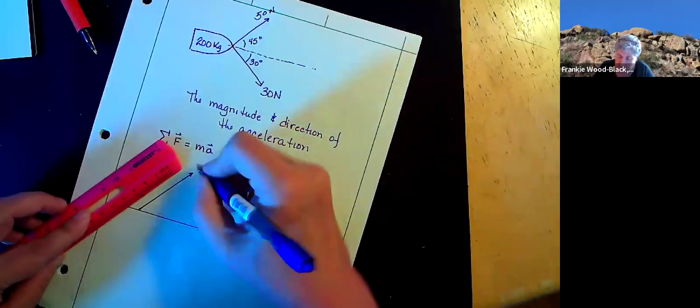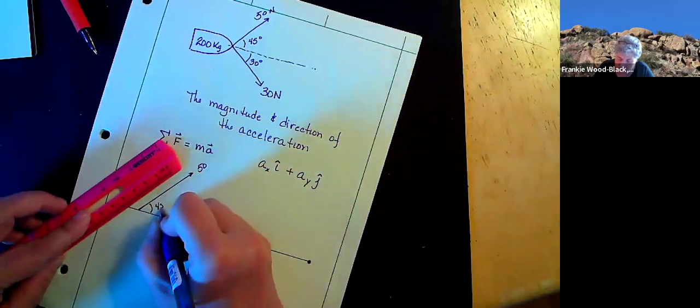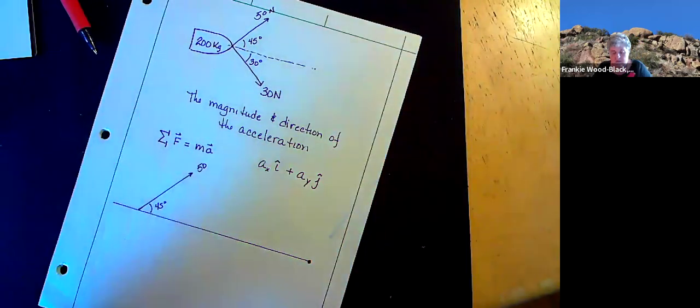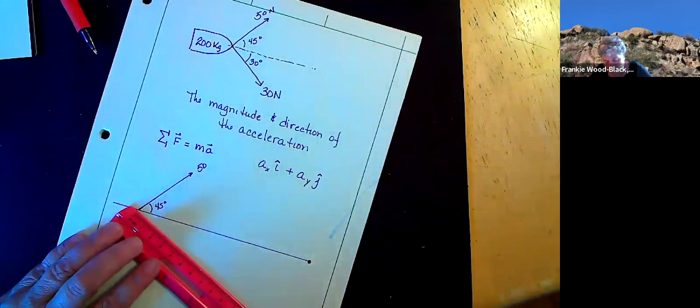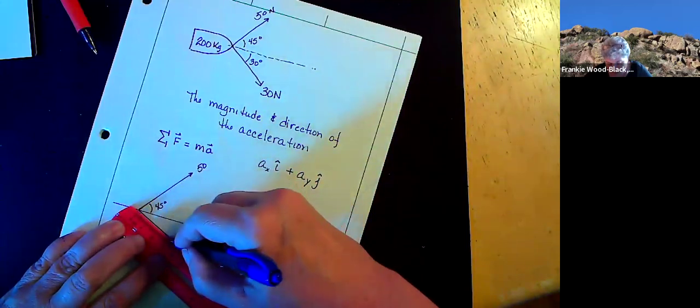So here's my 50 newton force at a 45-degree angle. And then I have a 30 newton force, and that's at a 30-degree angle.